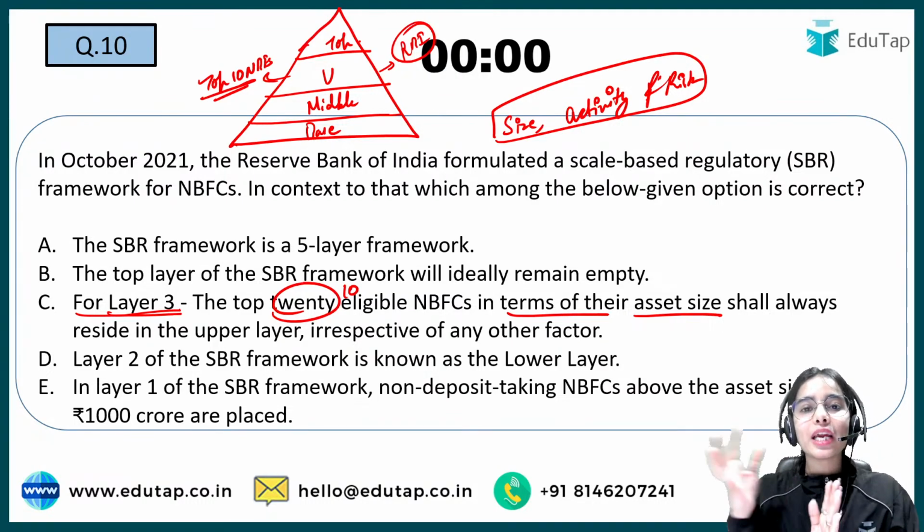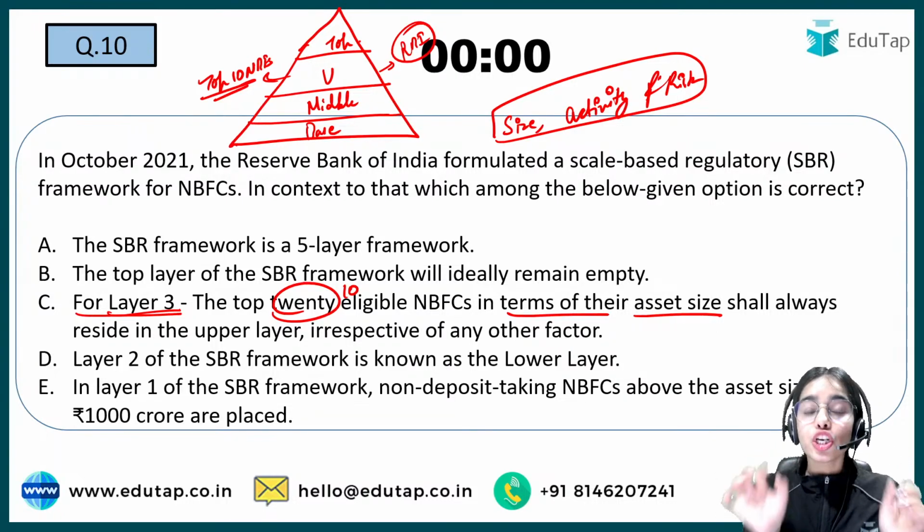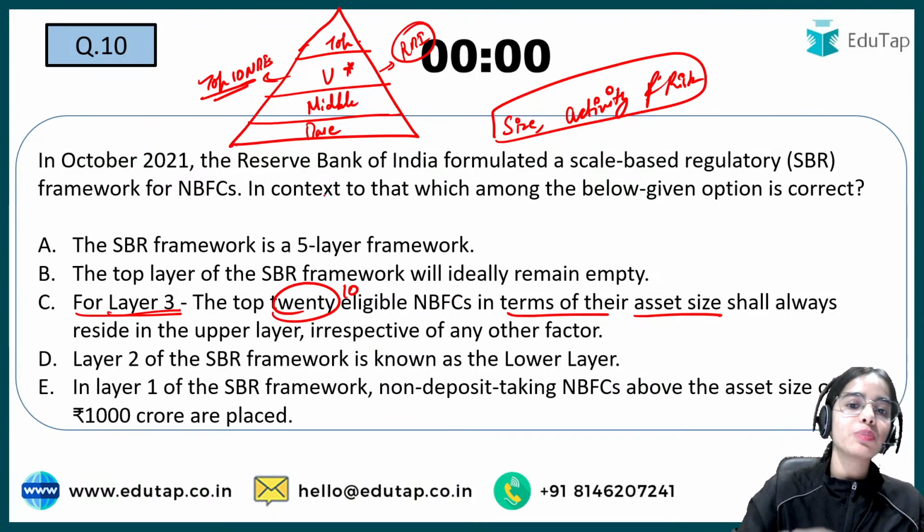But at least the top 10 NBFCs on the basis of their asset size should always be residing in the upper layer and following the higher norms.